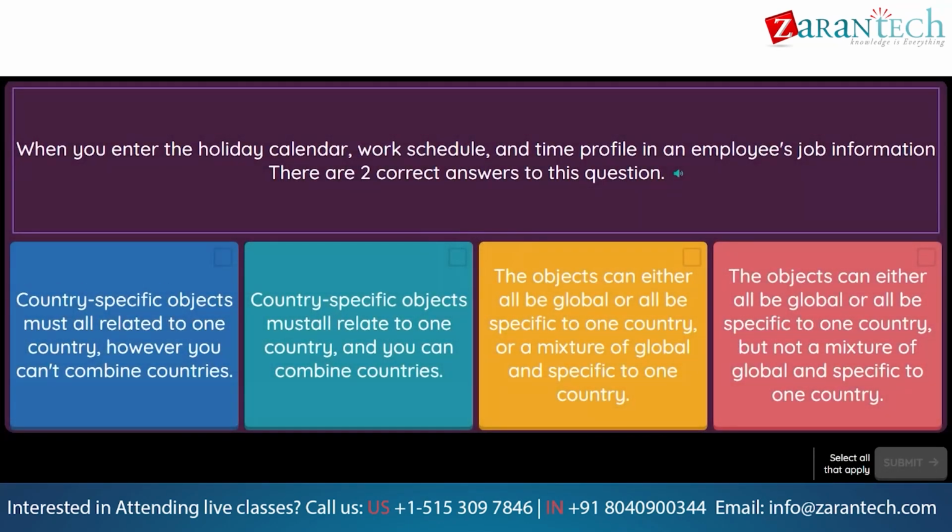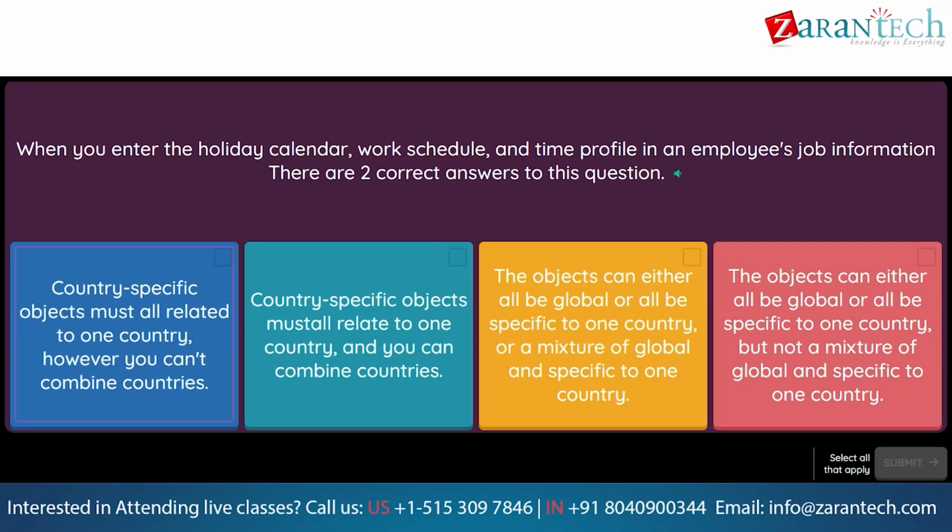Question: when you enter the holiday calendar, work schedule, and time profile in an employee's job information, there are two correct answers to this question. Option 1: country-specific objects must all relate to one country, however you can't combine countries.